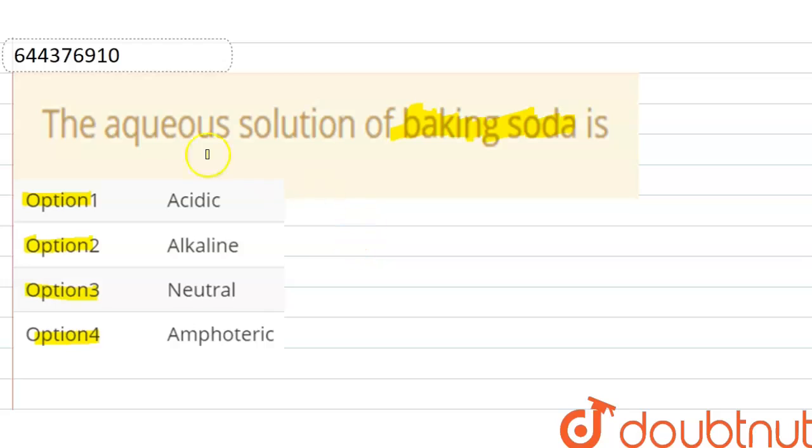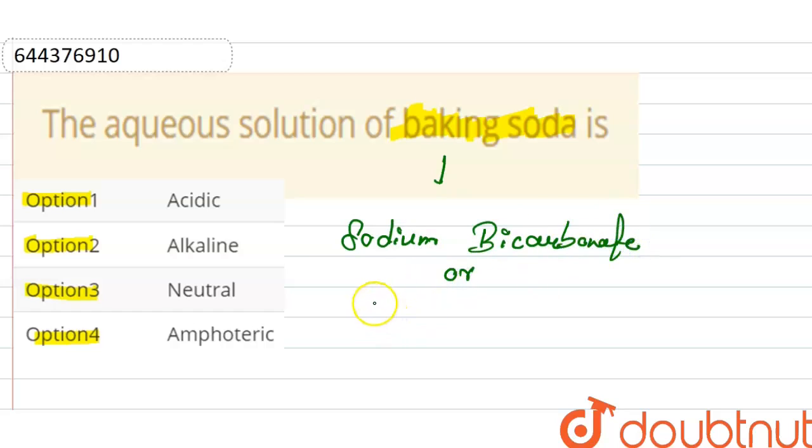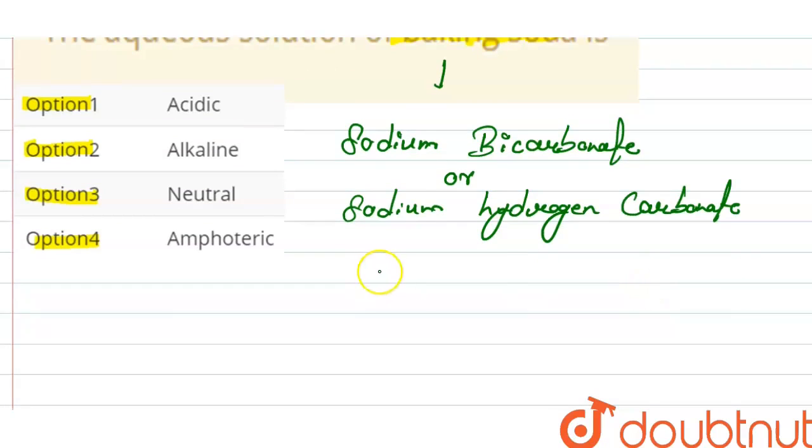So first of all, we know that our baking soda is sodium bicarbonate, or it is also known as sodium hydrogen carbonate, and the formula of sodium hydrogen carbonate is NaHCO3.